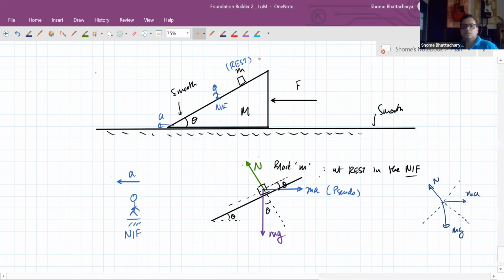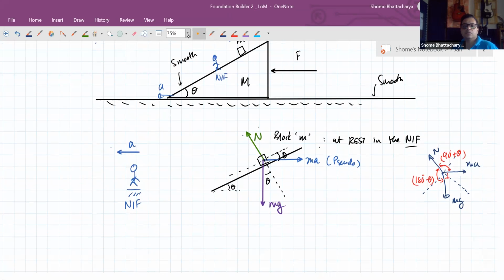For example, here you can see this angle will be 90 plus theta, whereas this angle will be 180 minus theta, and this angle will be 90.